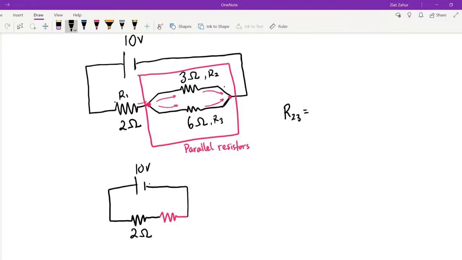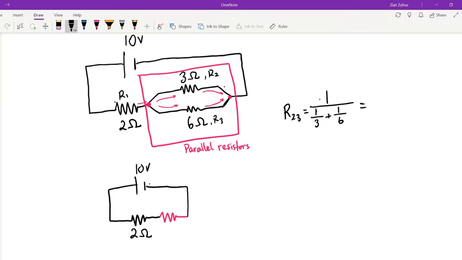For parallel resistors, we use the parallel rule, which is to do the inverse of the sum of the inverses. Or you can do product over sum, meaning 3 times 6 over 3 plus 6.